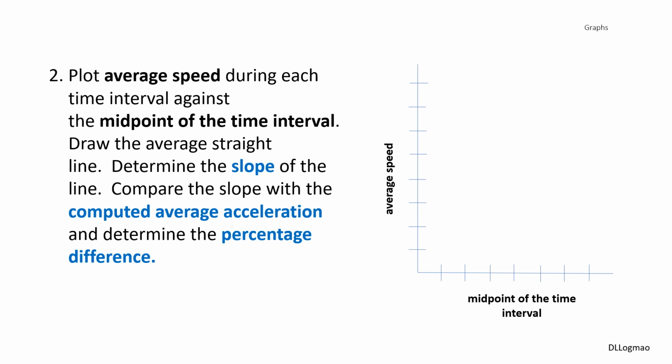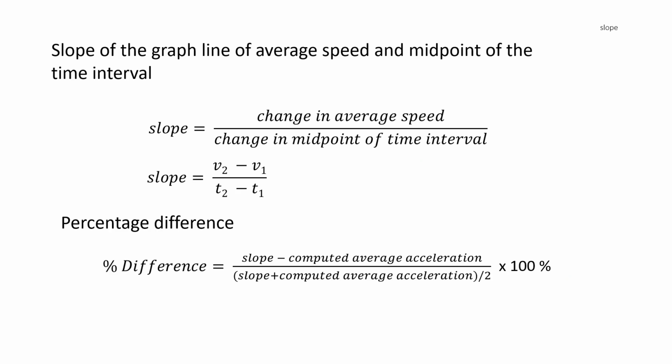Compute the slope of the graph line of average speed and midpoint of time interval using the slope formula. Calculate the percentage difference by dividing the difference between slope and computed average acceleration by the average of the slope and computed average acceleration times 100%.